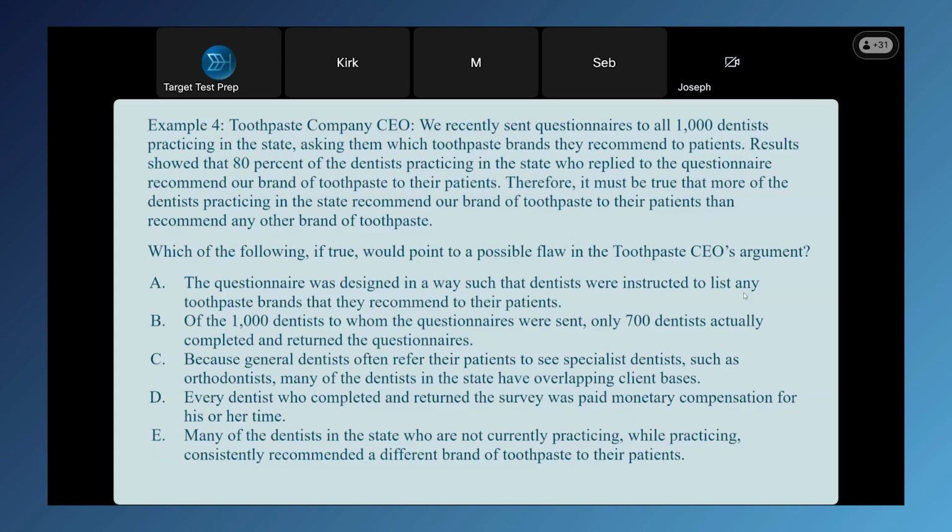If every dentist who completed and returned the survey was paid monetary compensation if they claimed that they recommended the toothpaste company CEO's toothpaste, then that would be a pretty flawed survey to draw any conclusions from. But all this says is that they were paid monetary compensation for their time, not based on what they recommended.